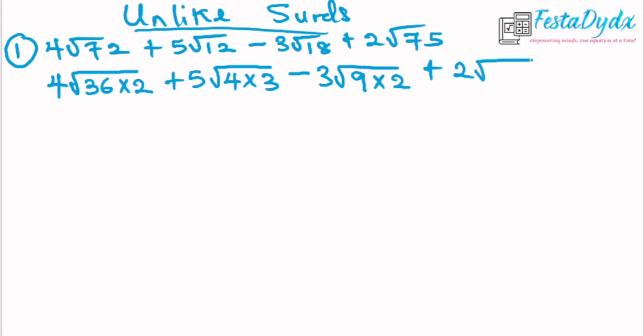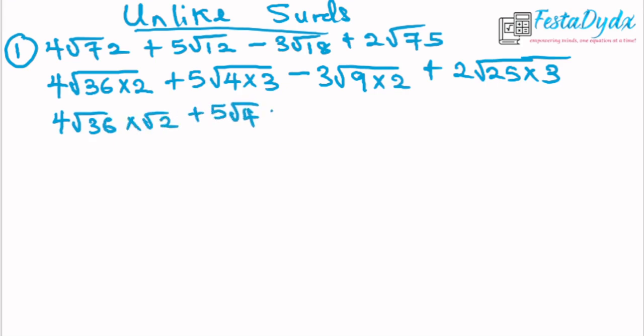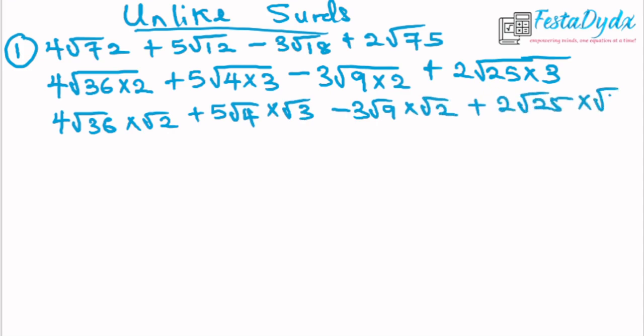For root 75, we'll have 25 times 3. Now let's separate the perfect square from the simple surd. Root 36 times root 2 plus 5 root 4 times root 3 minus 3 root 9 times root 2 plus 2 root 25 times root 3.